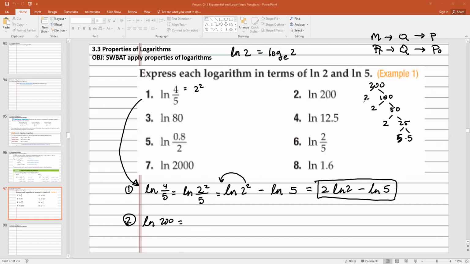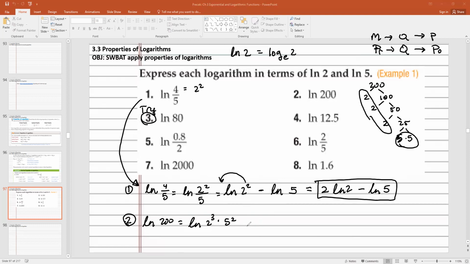So here we have 2 times 2 times 2. That's 3 2s and 2 5s. All right, so this is natural log of 2 cubed times 5 squared. And you want to follow the order of operations again. Okay, why don't you try number 3?